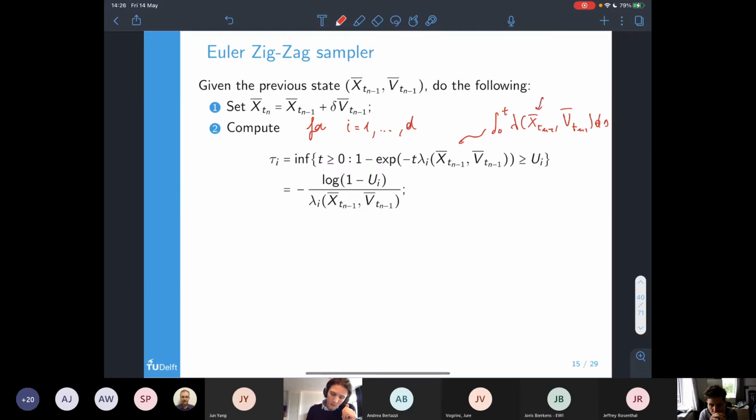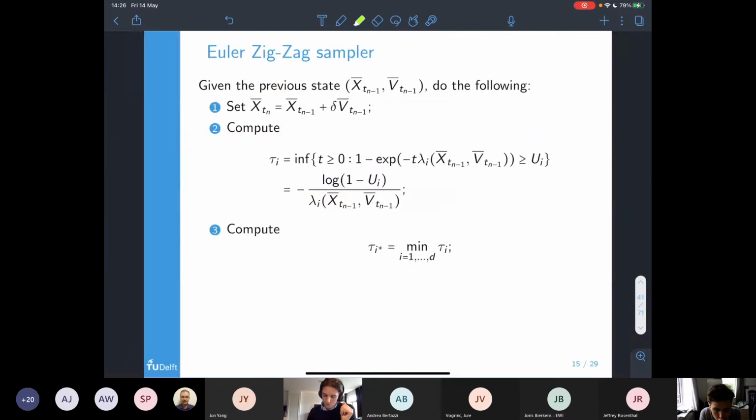Usually here we would have a plus s times v bar tn minus 1, but in this case we're freezing the switching rate. This turns out to be very simple to compute, and this would be the value of the ith switching time, where ui are random variables uniformly distributed between 0 and 1. And so we see the switching rate appears at the denominator here. So it's the same idea, but we're approximating the lambda with a frozen version of it.